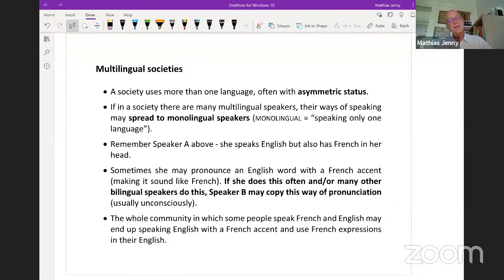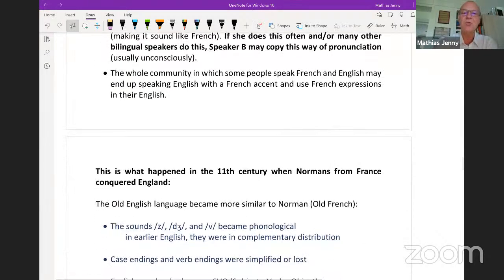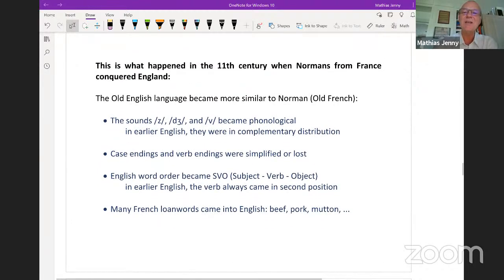And that this can happen, we can actually see from the history of Europe. This is exactly what happened to English in the 11th century. In the 11th century, Normans from northern France conquered England.